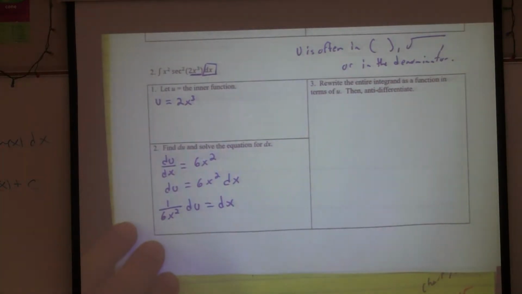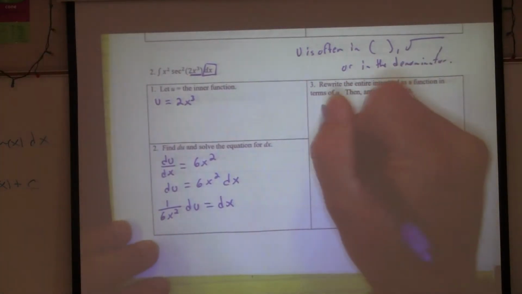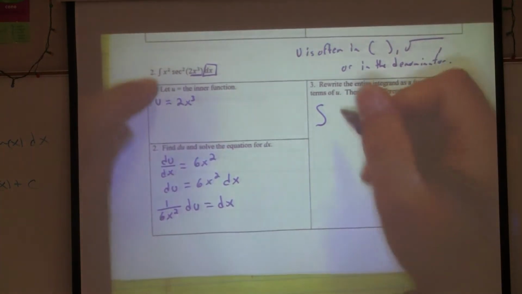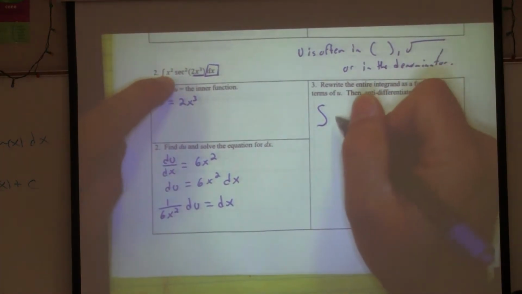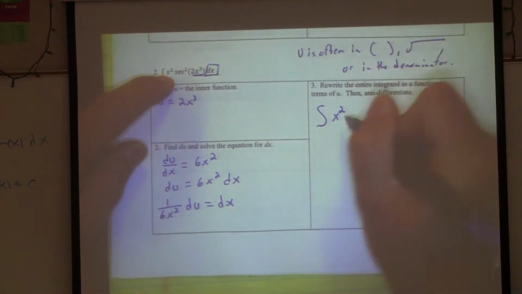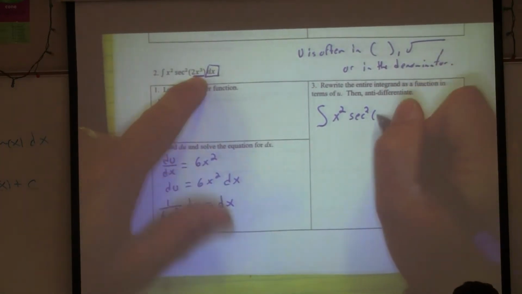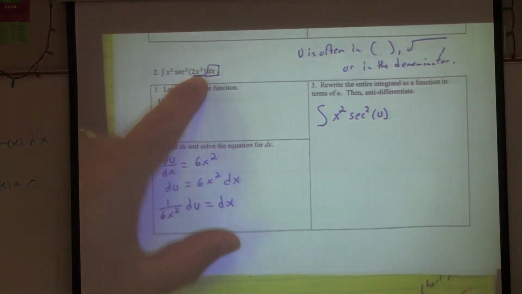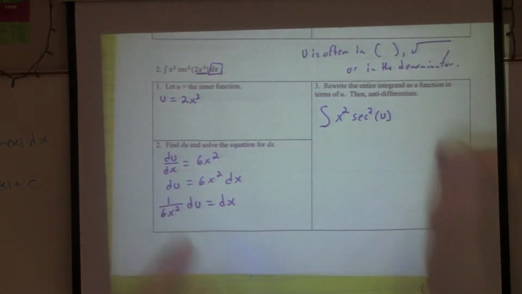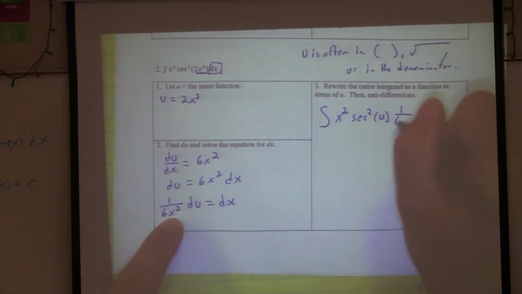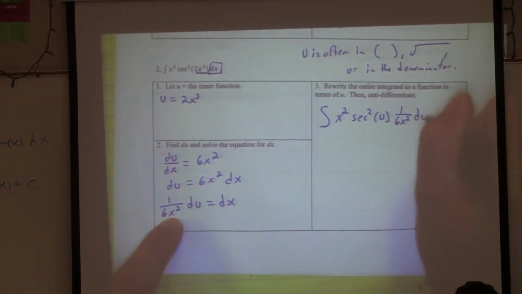So let's replace everything with what we got. So we're going to have the integral. Are we replacing x squared? No. We got secant squared. We're replacing this with u, and we're replacing dx with 1 over 6x squared times du.